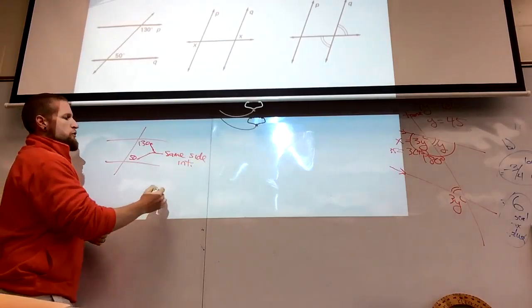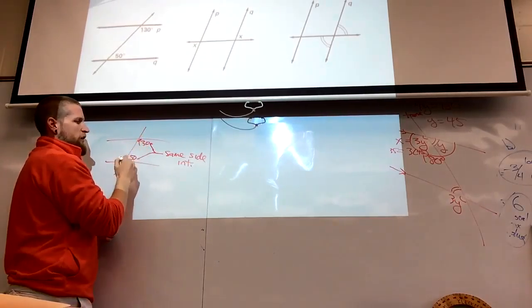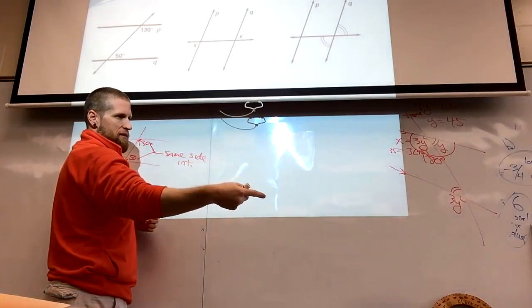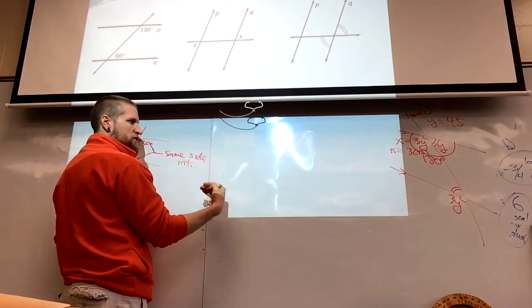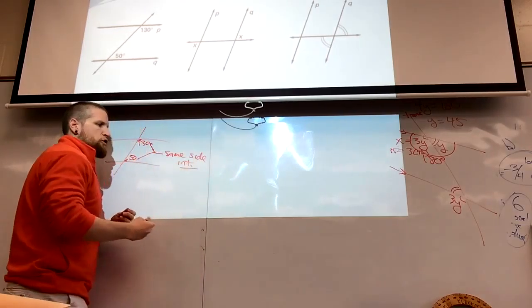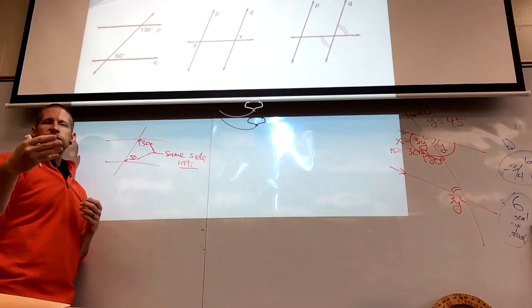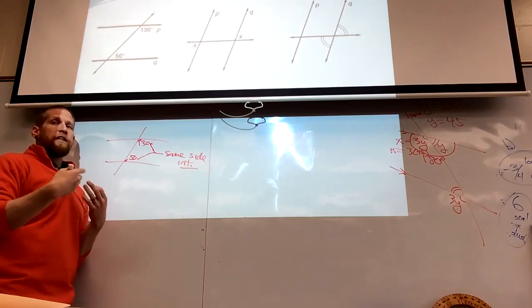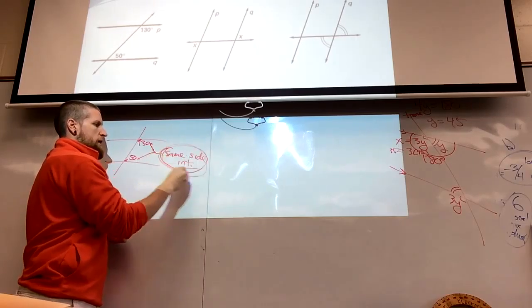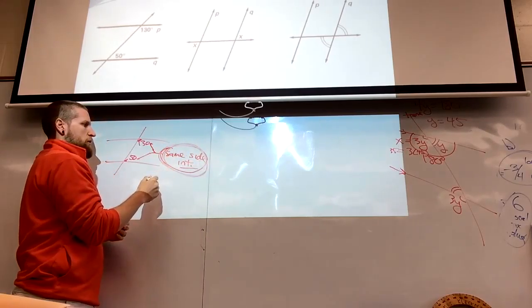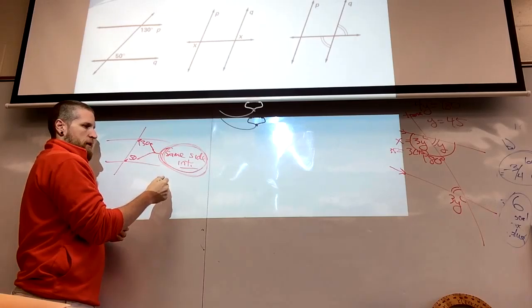Now we go, all right. Since I know that these are same side interior, I would then go to the list, find out on that list, 1, 2, 3, or 4, which thing involves same side interior, which would have been the last one. And it says, for me to prove that two lines are parallel, what do I have to show that is true about same side interior angles? That they add up to 180.